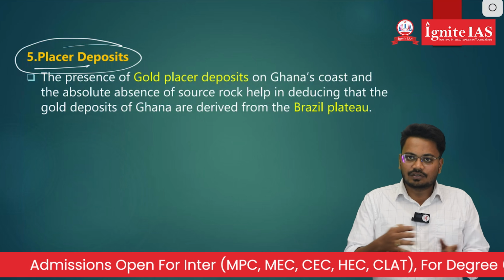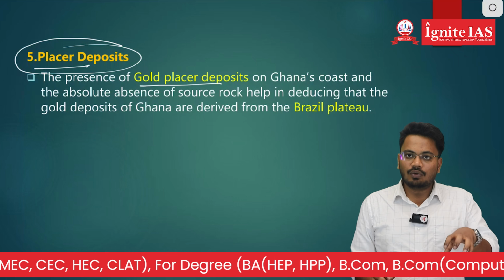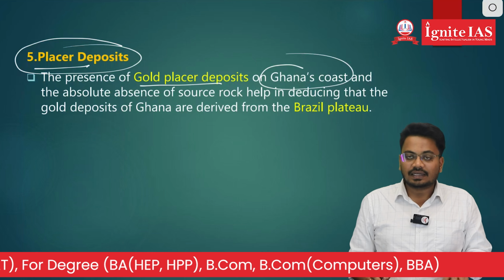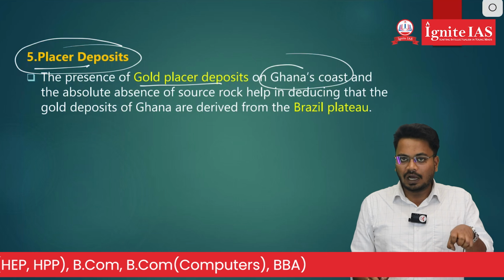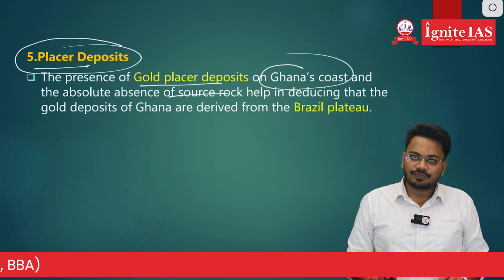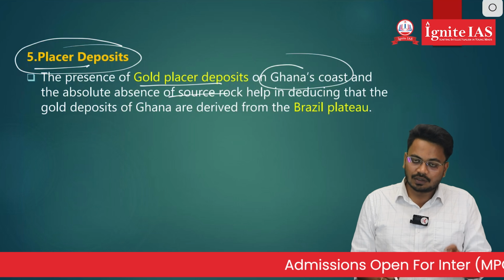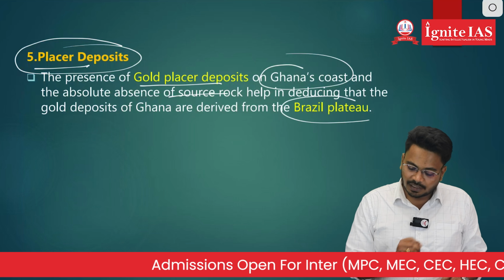Now what he is saying is, the gold placer deposits that are found on the Ghana coast have no absolute source rock within Ghana, right? And now he is saying that the source rock, or the mother rock, was found in the Brazil Plateau.